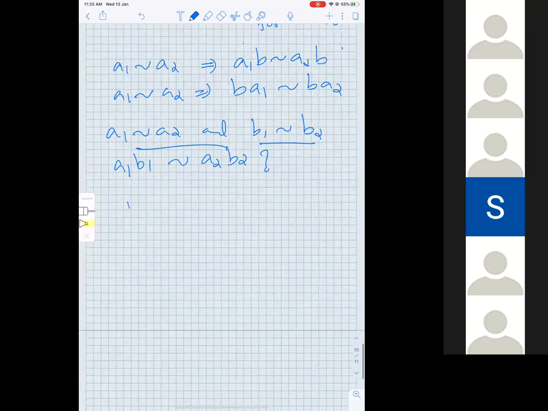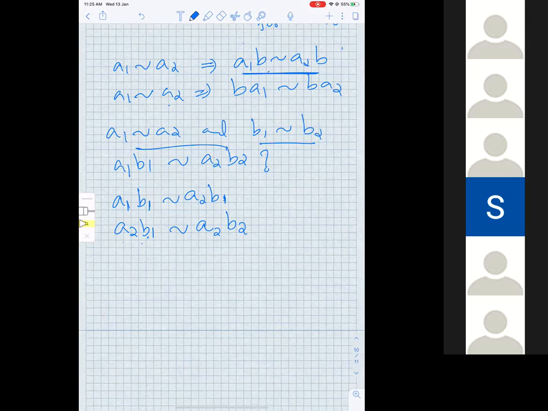Because A1 B1 tilde A2 B1 from this relation, and A2 B1 tilde A2 B2 because B1 tilde B2 and I can left multiply by A2.